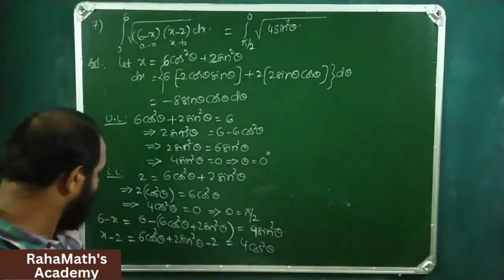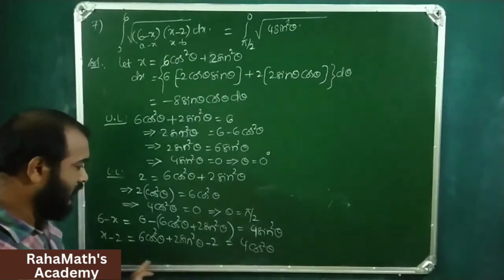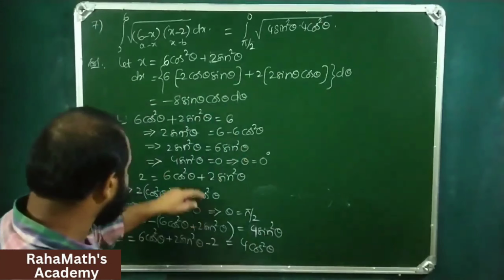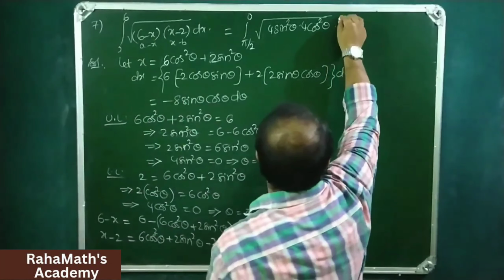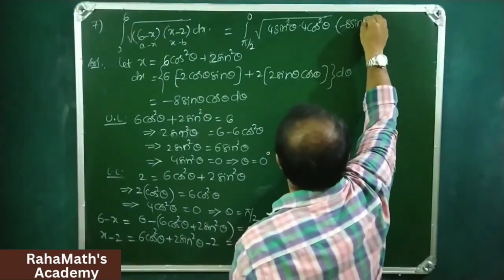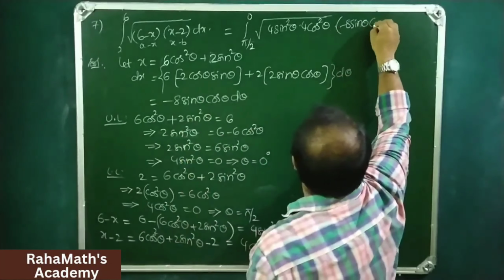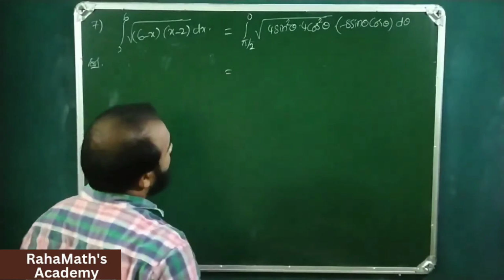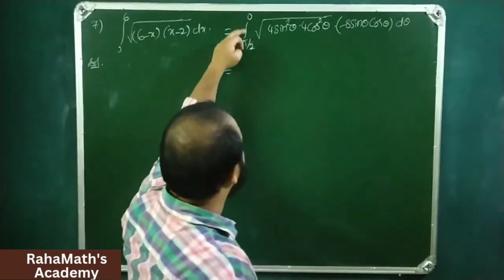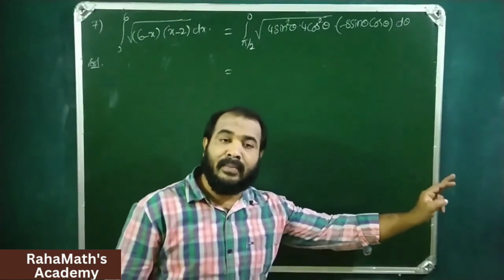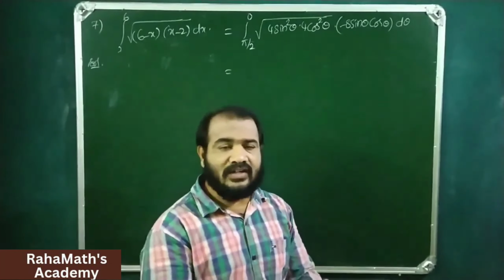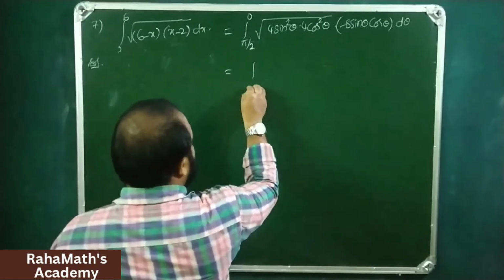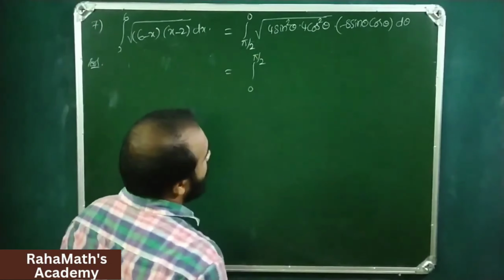Next, x minus 2 is 4 cos square theta, into dx value, which is minus 8 sin theta cos theta d theta. Here we have the minus; integral a to b f of x dx equals integral b to a f of x dx with a minus sign. If you want to remove this minus, we need to interchange the limits, so this is 0 to pi by 2.